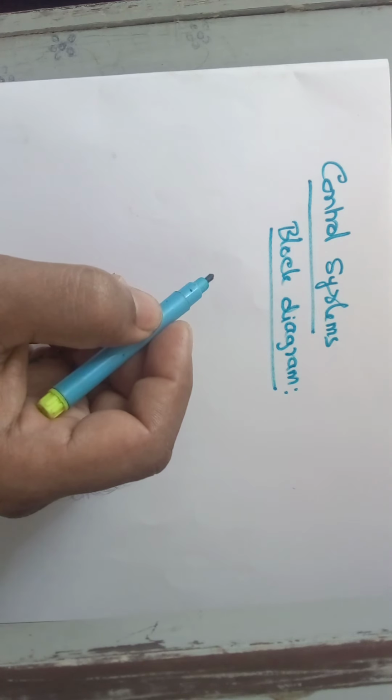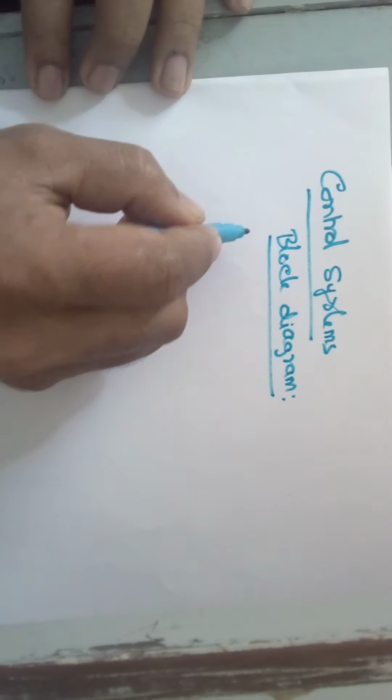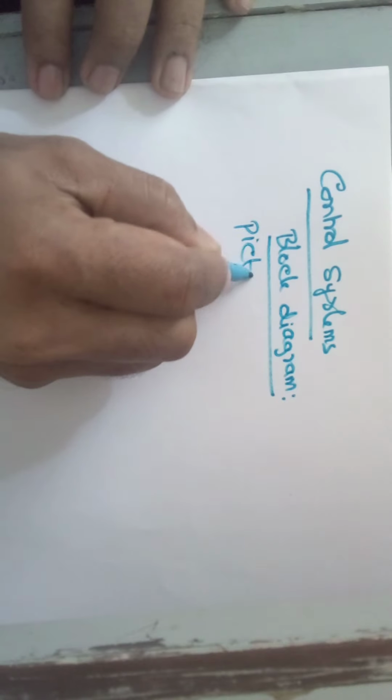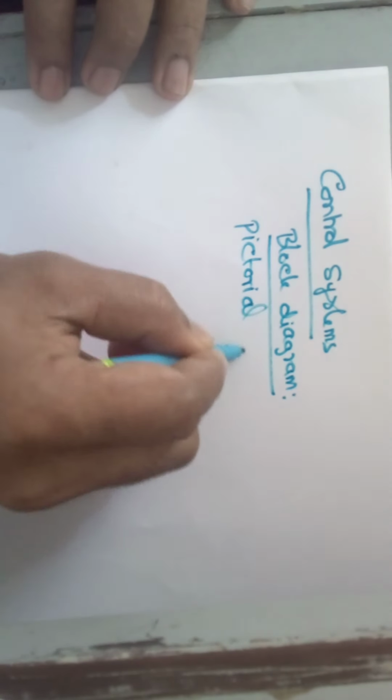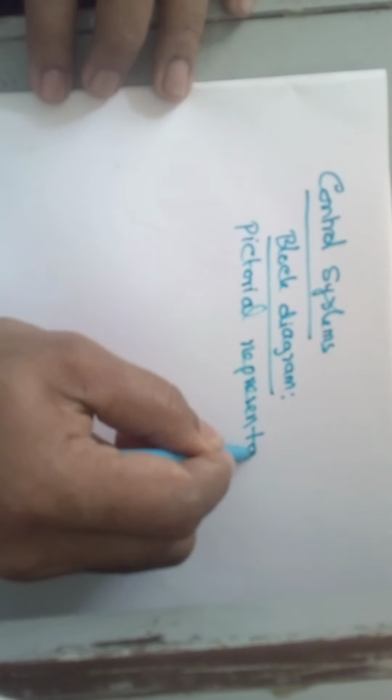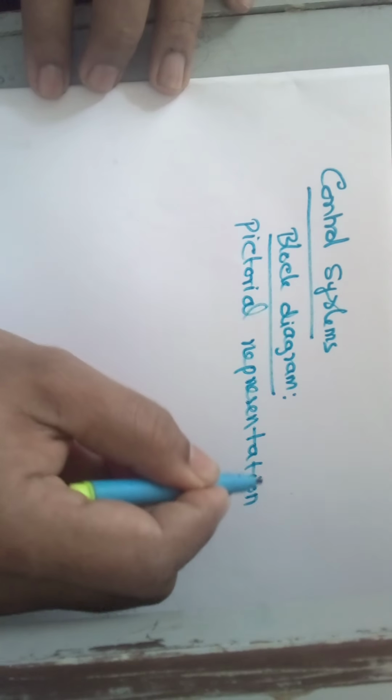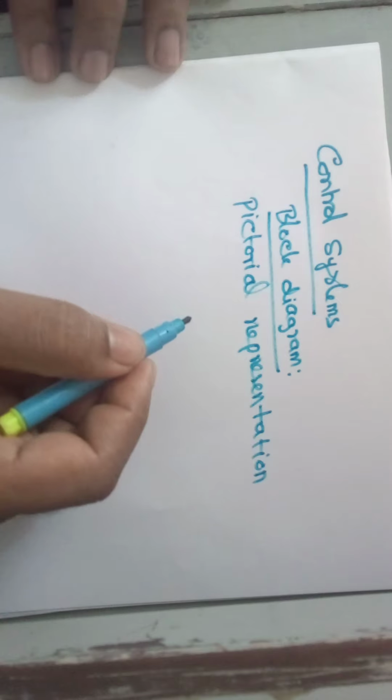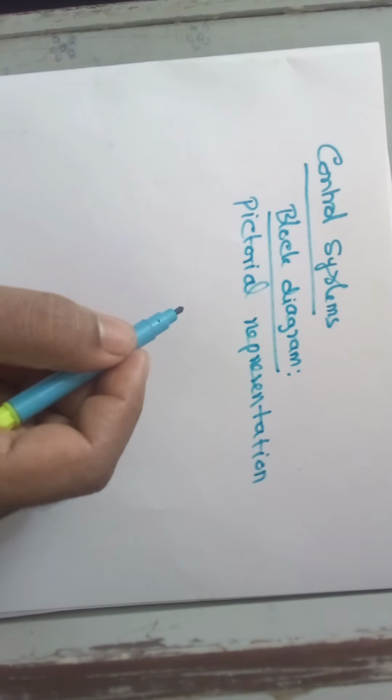A block diagram of a system is nothing but a pictorial representation of the system or the functions performed by the system.